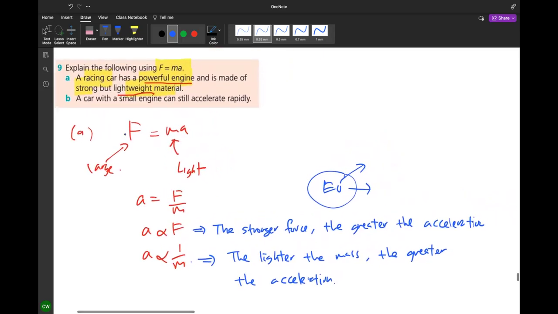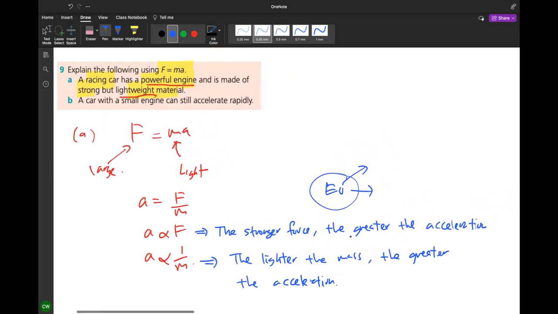Okay, so basically this is about the design of the car.